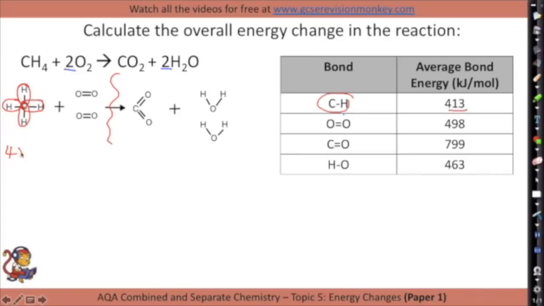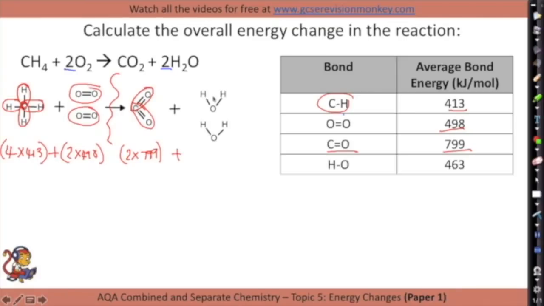So we have 4 lots of 413. And we add that to 2 O double bond O bonds, which have bond energy of 498. So 2 times 498. And on this side, again, make sure you circle all the bonds so that you don't miss any out. You've got C double bond O, C double bond O. So that's 799. So 2 lots of 799.